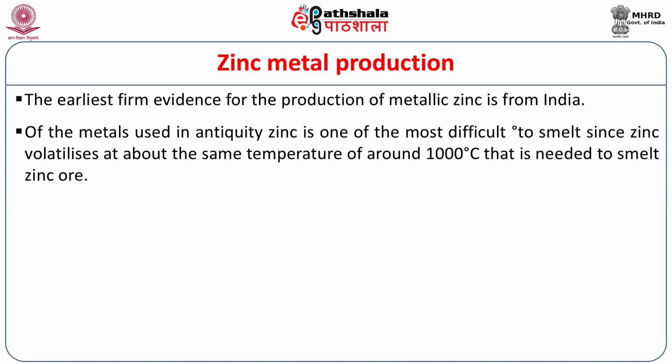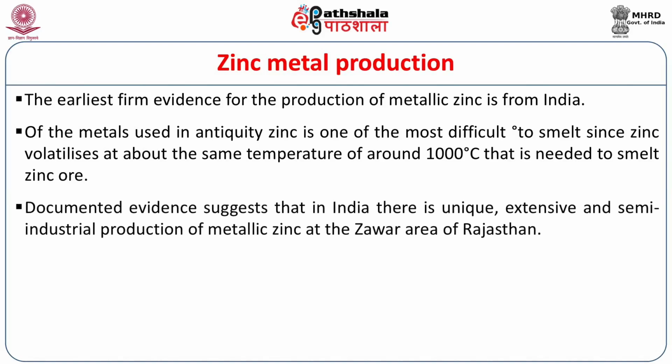Of the various metals used in antiquity, zinc is one of the most difficult to smelt or extract because zinc volatilizes at about the same temperature of around 1000 degrees that is actually needed to smelt the zinc ore. Evidence suggests that in India there are unique and extensive pre-industrial remains for the production of metallic zinc in the Zawar area of Rajasthan.